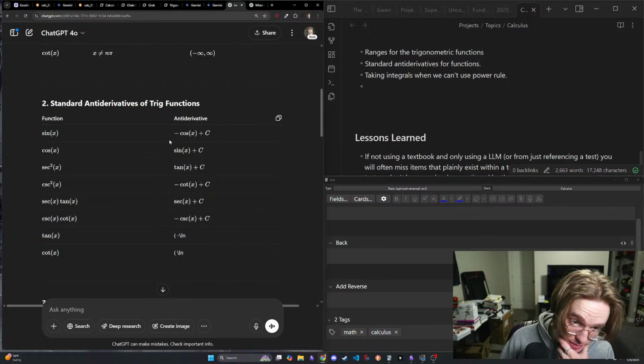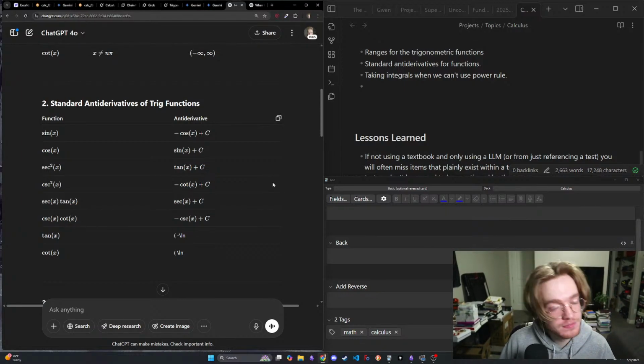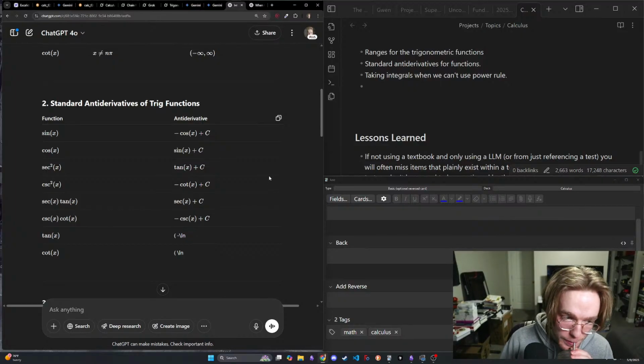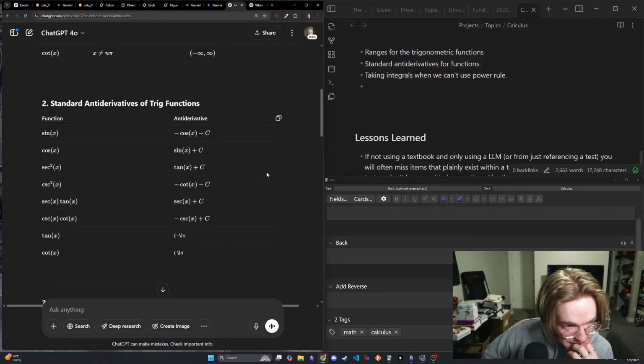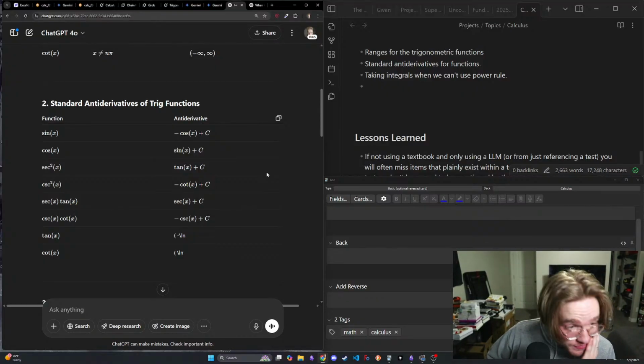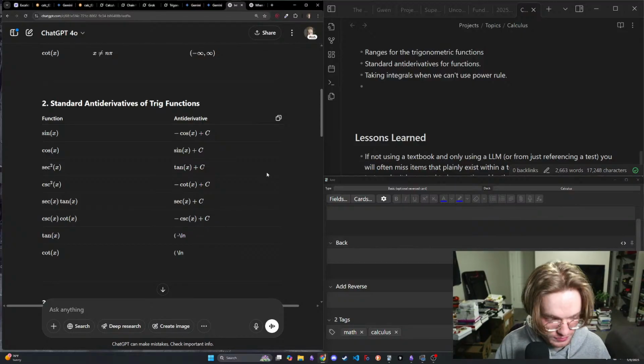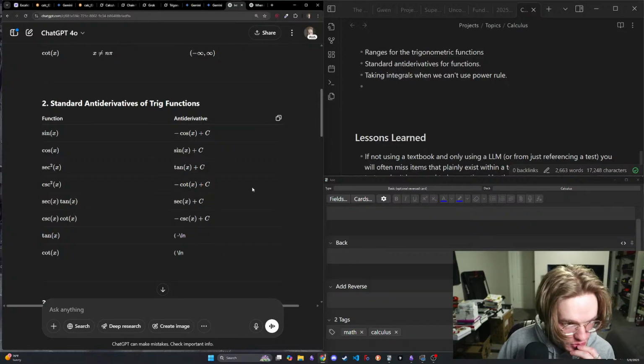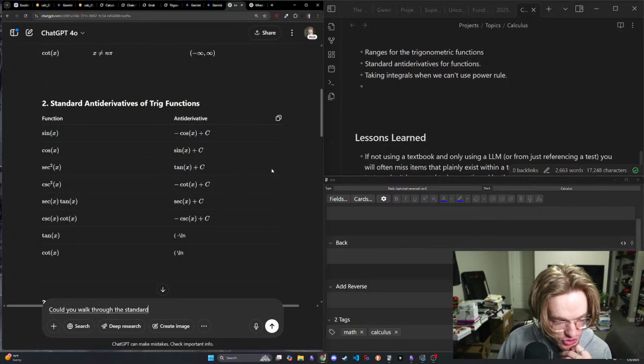Okay, no, that makes sense, because these are the standard antiderivatives. That's fine. Could you walk through the standard derivatives of trig functions as well?